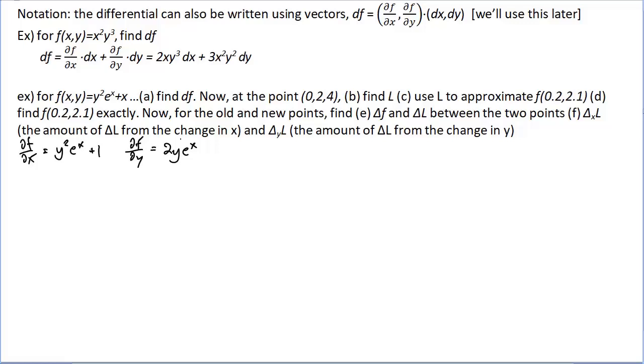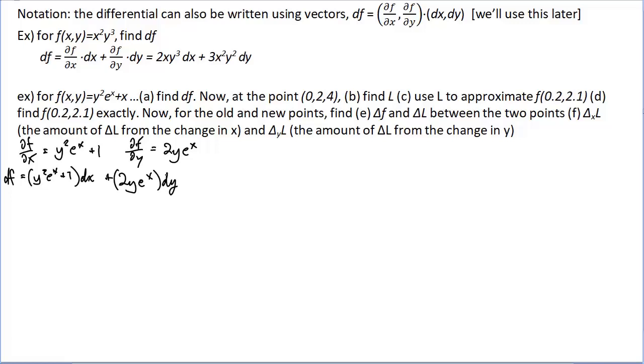So there we go. Okay, so now let's write down df. So now we have df equals y squared e to the x plus 1, all of that times dx, plus df dy, which is 2y e to the x, all of that times dy. So there's that bit.